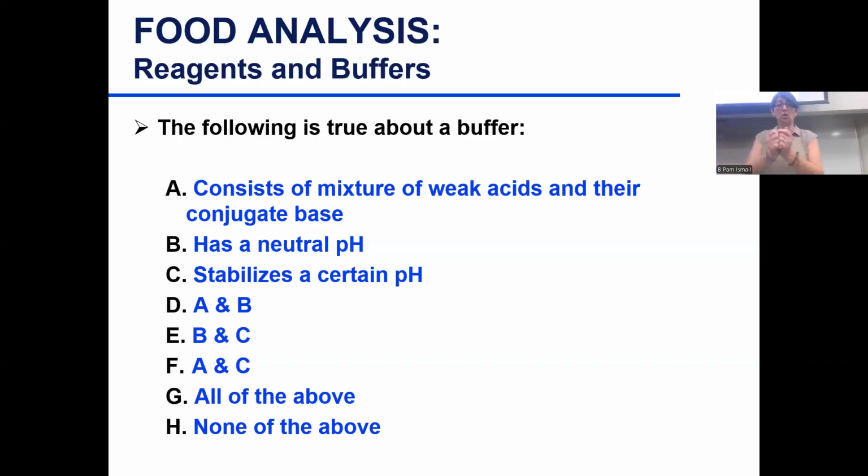So the acid gives an H when the pH tries to become more basic, and the conjugate base picks up the proton when the environment tries to become more acidic, and then the pH is maintained. We'll talk more about that, but that's the concept of stabilizing the pH.